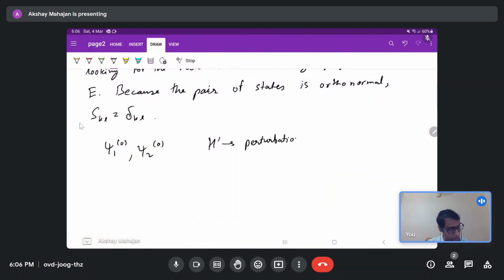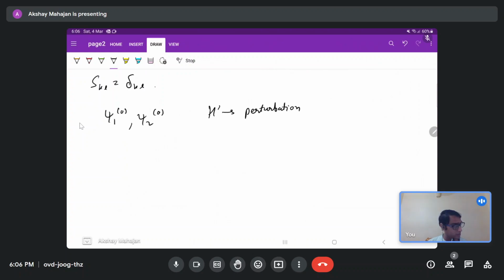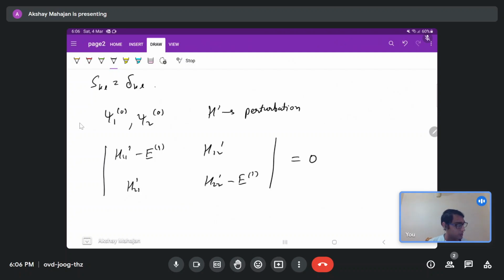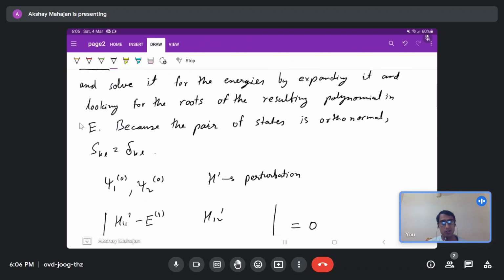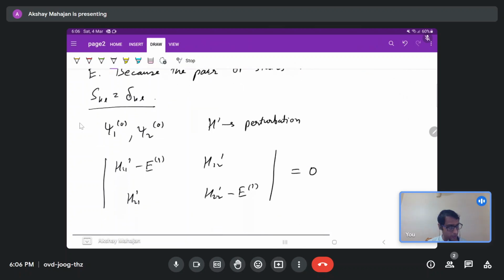As we know, we have to make this determinant: H11 prime minus E, the first order energy correction, H12 prime, H21 prime, and H22 prime minus the first order correction, and we have to solve this determinant. This is basically the secular determinant with this condition, because it is given that they are orthonormal. So I have explicitly mentioned it.